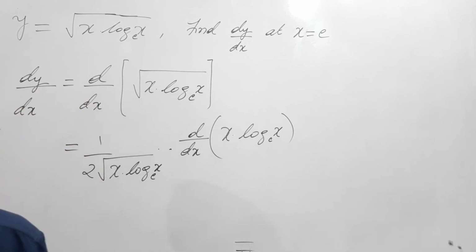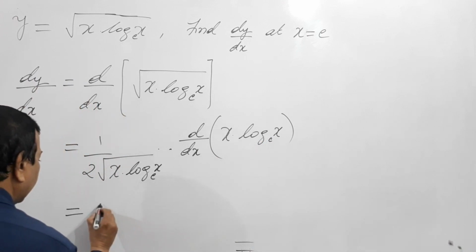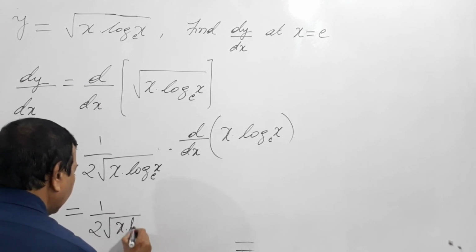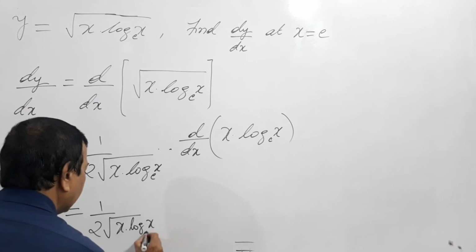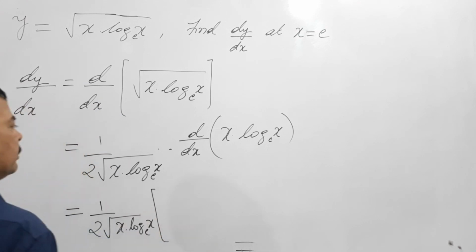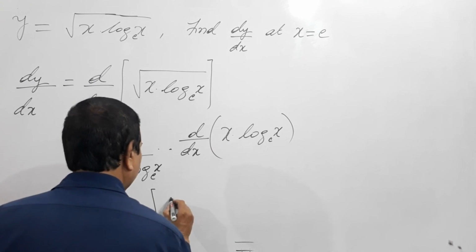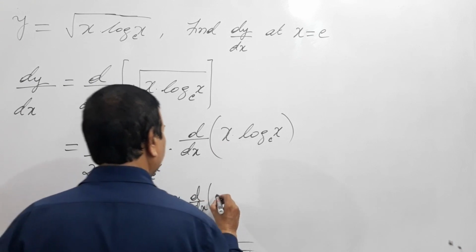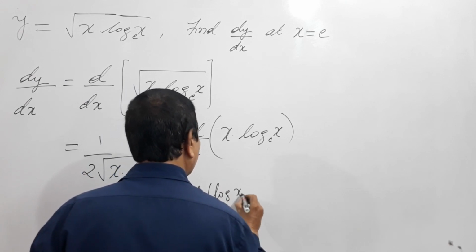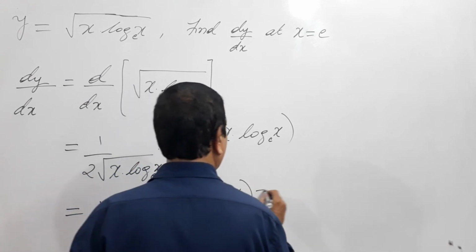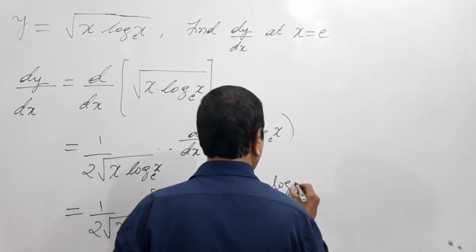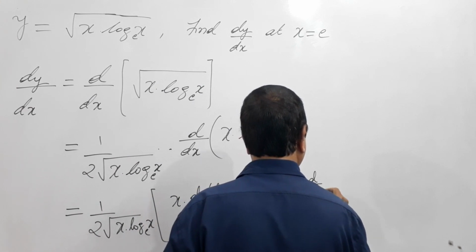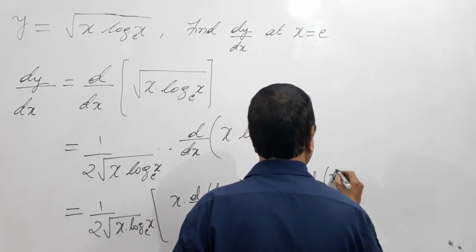So what I'll do, I'll take this 1 by 2 into x into log x to base c and take it outside. So use the product rule: I keep x as it is, d by dx of log x to base c, plus log x to base c into d by dx of x.